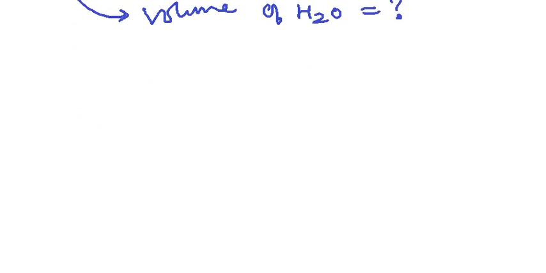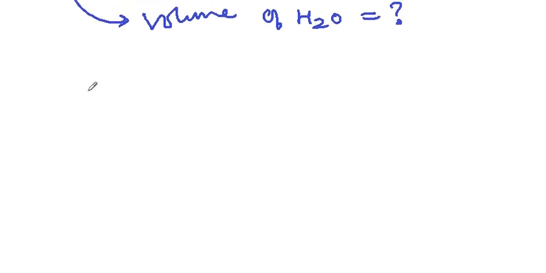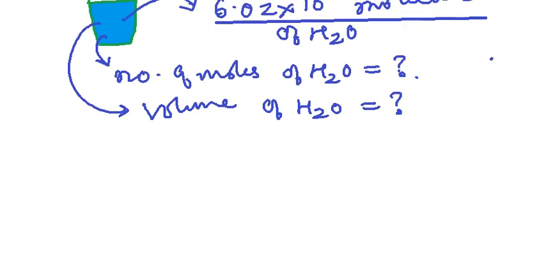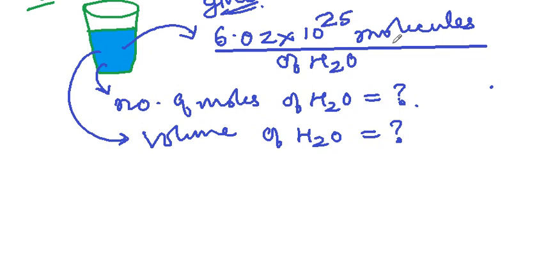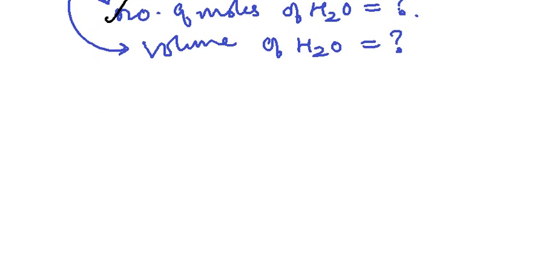So first thing first, always remember that we are going to use the idea of mole constant. As I told you a while ago, the one that is given, we always put on the left hand side, and the one that we have to find, we put on the right hand side. So let's remember this and use the idea wisely.